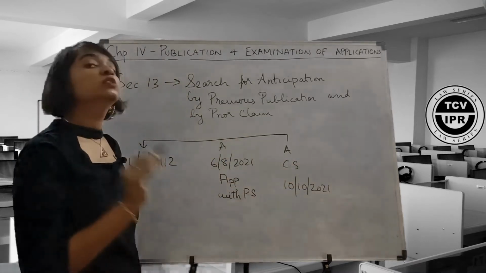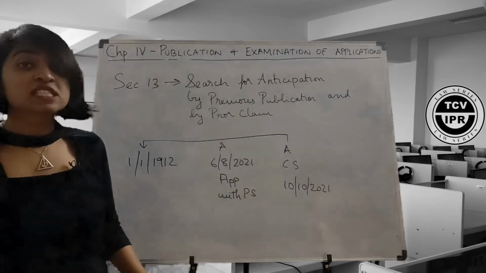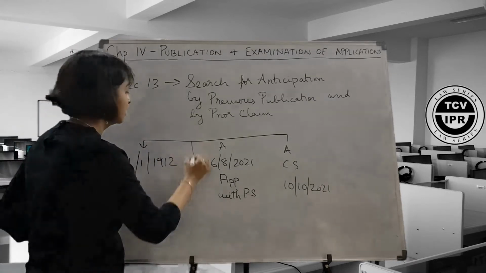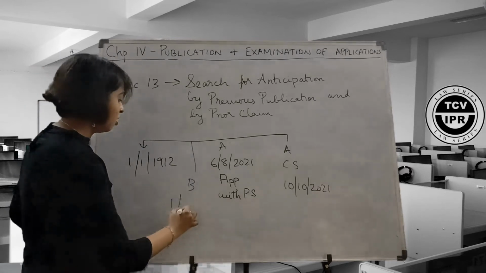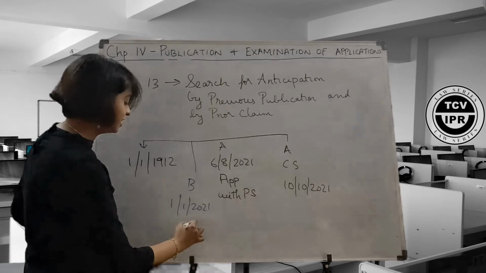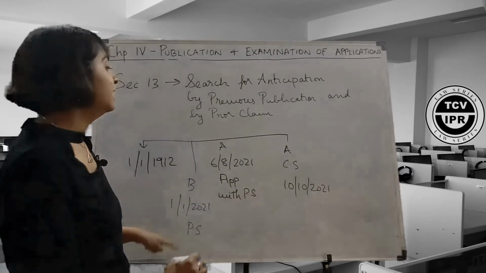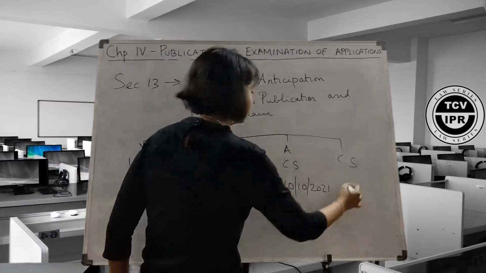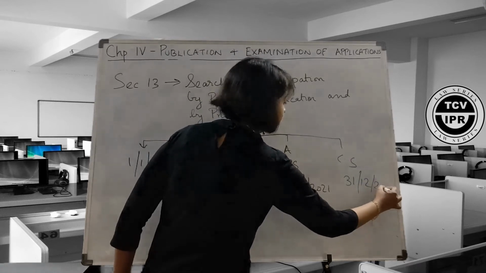Now another thing they mention is that suppose, let's say, somebody else, Mr. B, had filed an application on 1/1/2021. He filed it with a provisional specification. Now Mr. B filed his complete specification only on 31/12/2021.